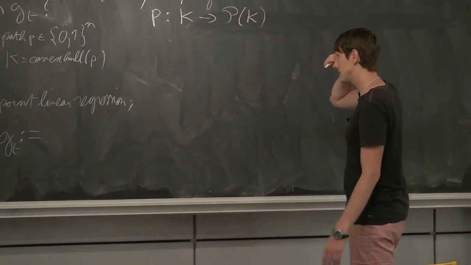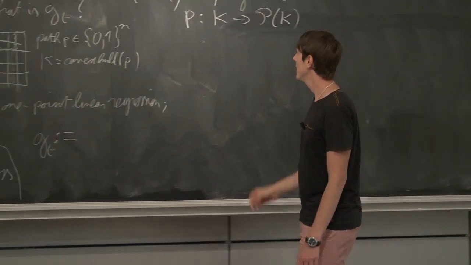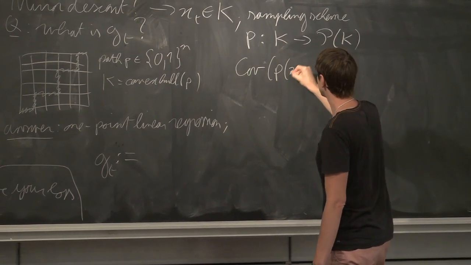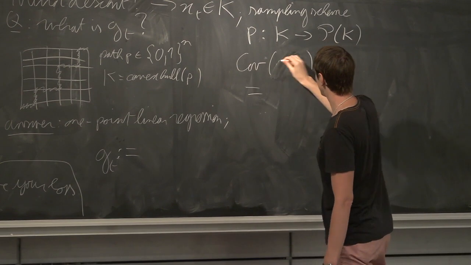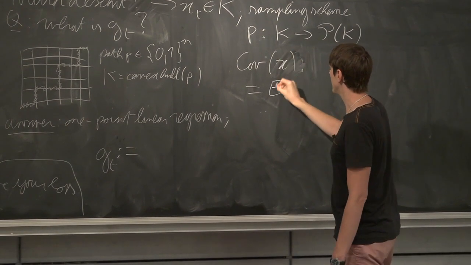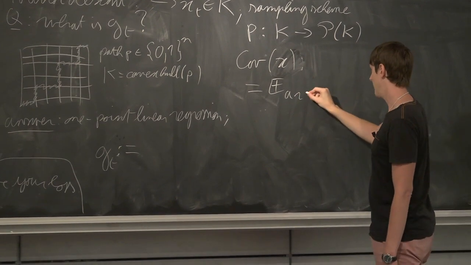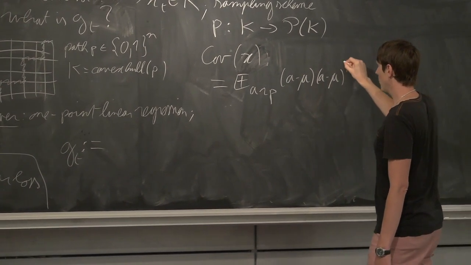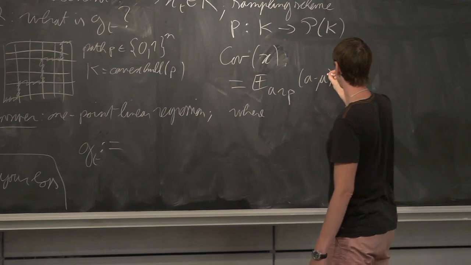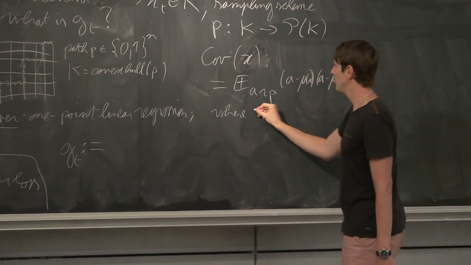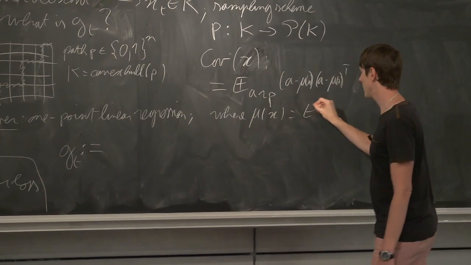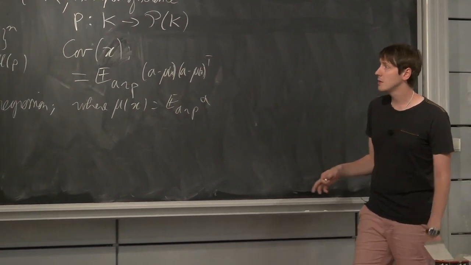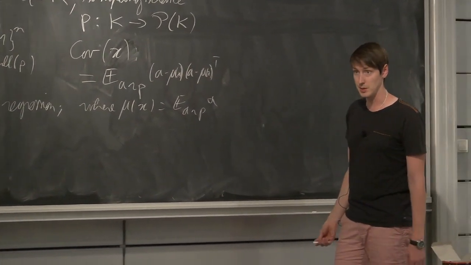So let me add this ingredient of the sampling scheme, and I will denote the covariance of P(x), this is just cov(x), the expectation when A is sampled from P(x) of (A minus mu)(A minus mu) transpose, where mu(x) is the expectation when A is sampled from P(x). So mu is the mean of my sampling scheme, and the covariance is the covariance of my sampling scheme.